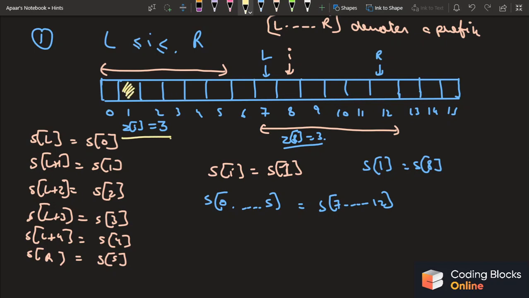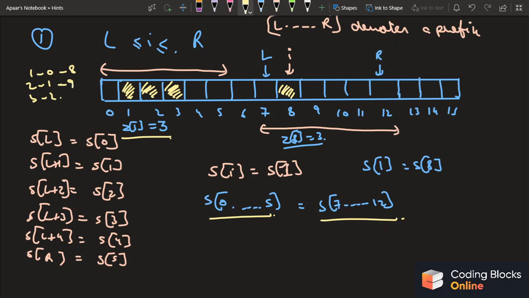That these three characters were also the prefix of this string s, right? Basically s1 equals s0, s2 equals s1, and s3 equals s2. So in this case also s8 should be equal to s0, because this 0 to 5 equals 7 to 12, right?